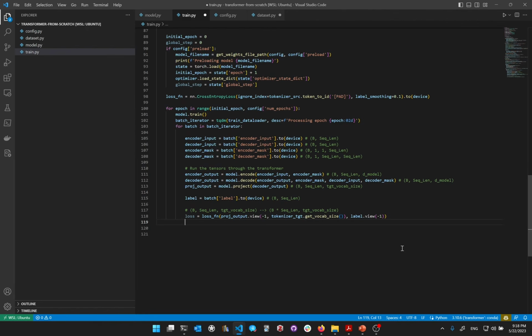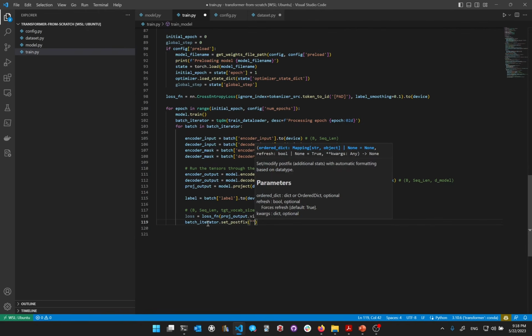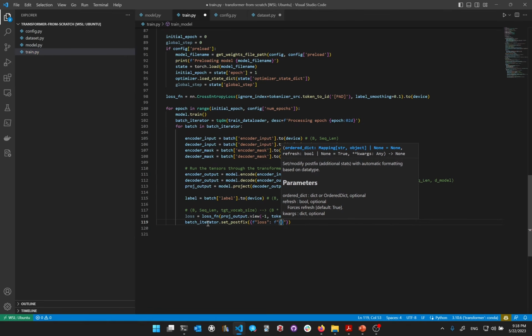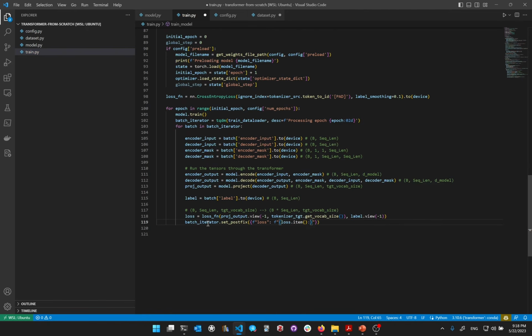Okay, now we have calculated the loss. We can update our progress bar with the loss we have calculated, and this will show the loss on our progress bar. We can also log it on TensorBoard.